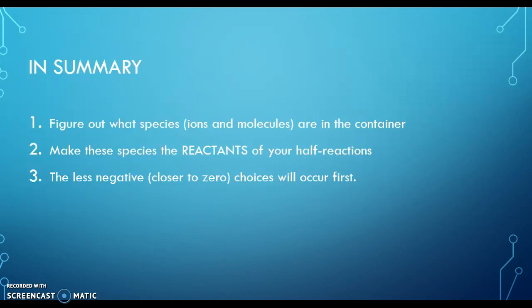Then you compare. You're going to have maybe some choices. 2 that are oxidation, 2 that are reduction, and whichever one of the pair is closer to 0, that takes less electricity to put in to cause that to occur. Therefore, that's the reaction we're going to see.